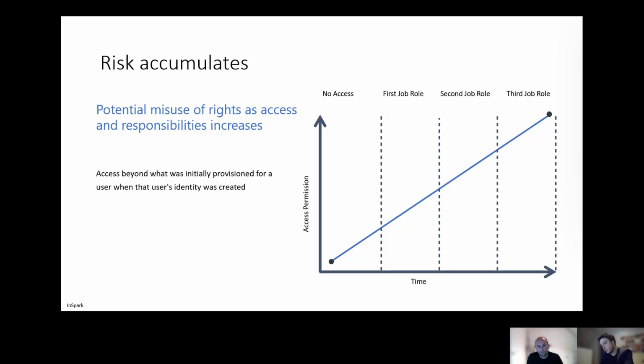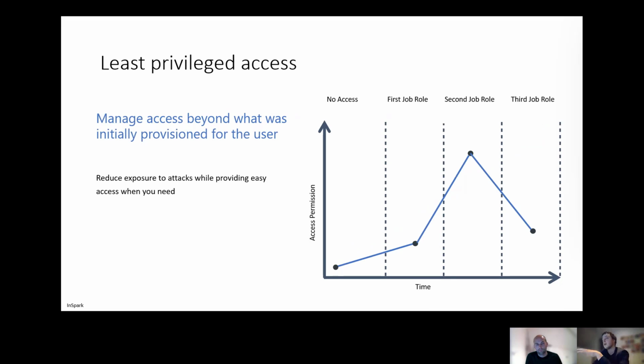While we just talked about identity life cycles, we're now going to talk about access life cycles, because same as with the join, move or leave process, we need to make sure that the same is applied for the access, because access does change. And when you start to implement least privileged access, you can see that you start with no access.